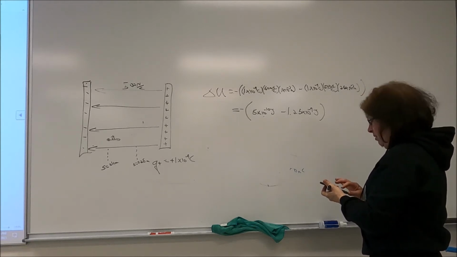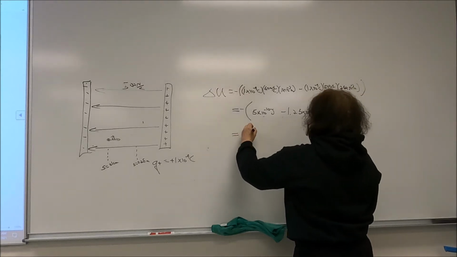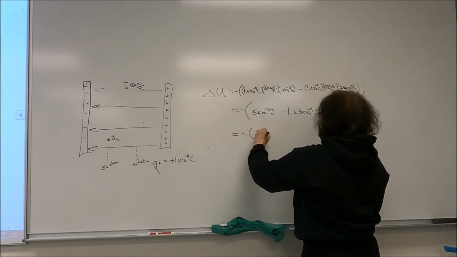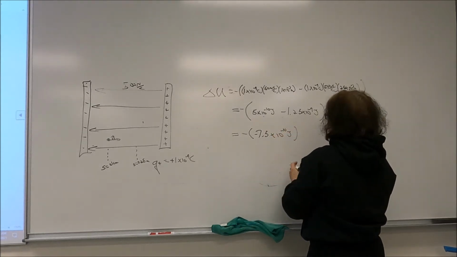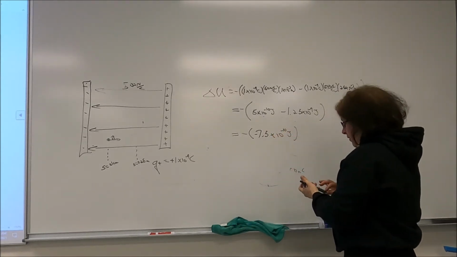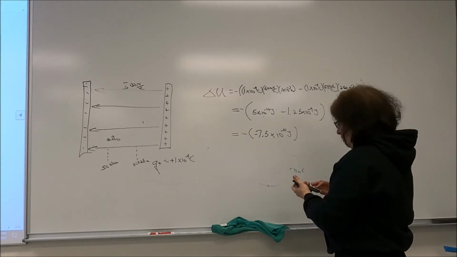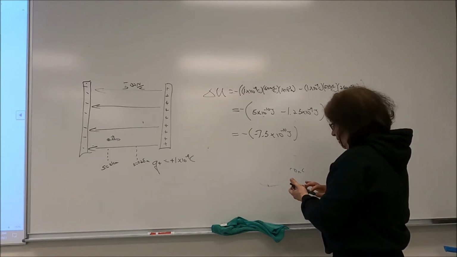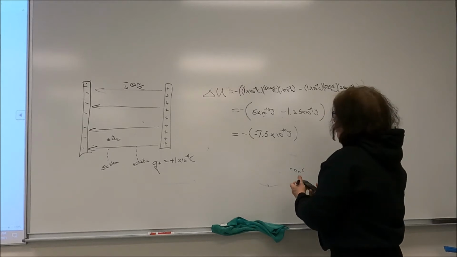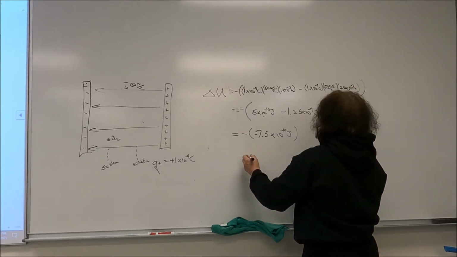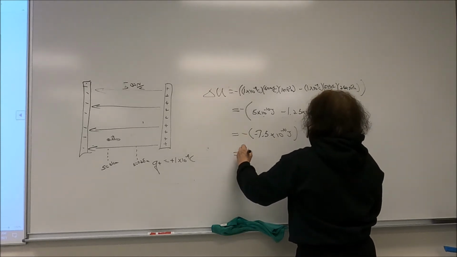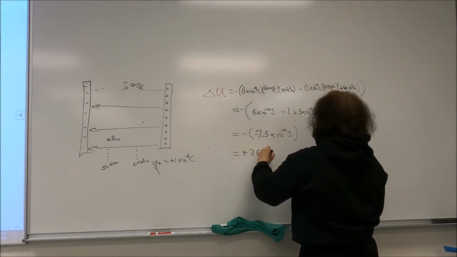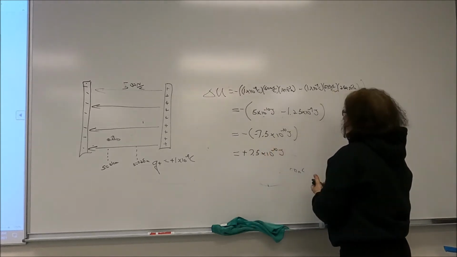Negative plus 5 times 10 to the minus 10, so I have the negative of a negative 7.5 times 10 to the minus 10 joules. The negative and negative cancel out, and I get a positive 7.5 times 10 to the minus 10 joules.